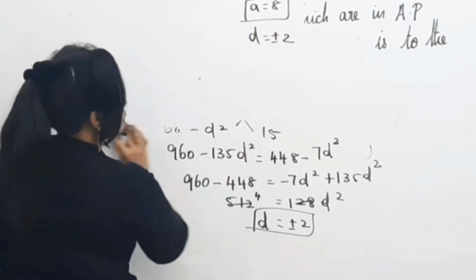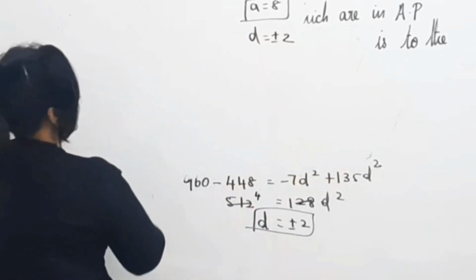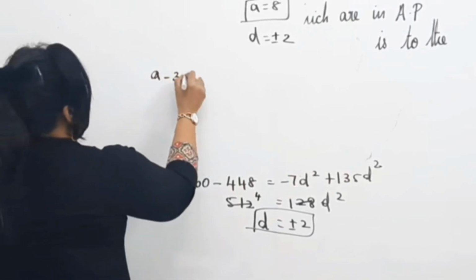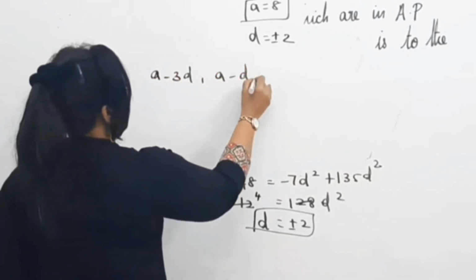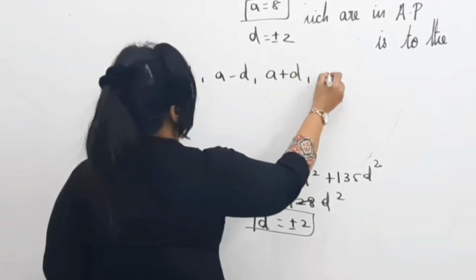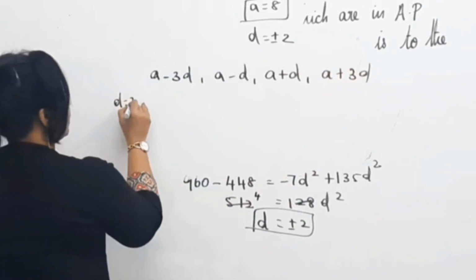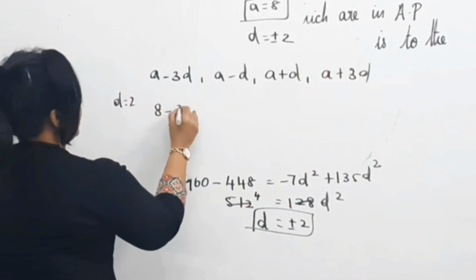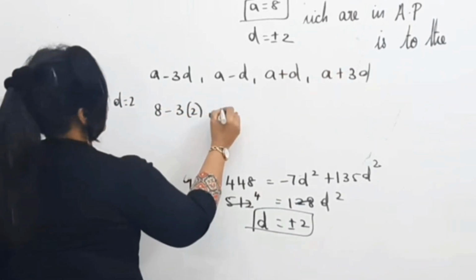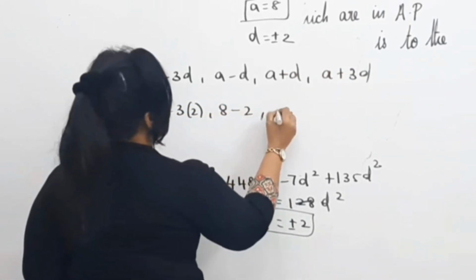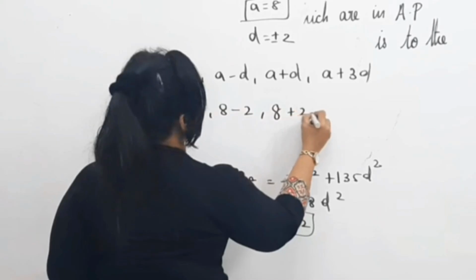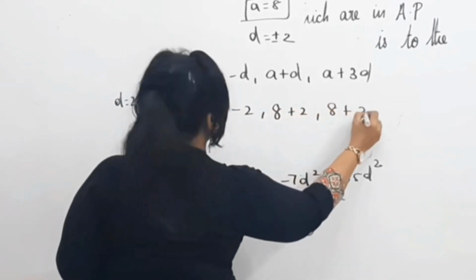My numbers are a minus 3d, a minus d, a plus d and a plus 3d. So let me have d equal to 2 here and a is 8: 8 minus 3 into 2, 8 minus 2, 8 plus 2 and 8 plus 3 into 2.